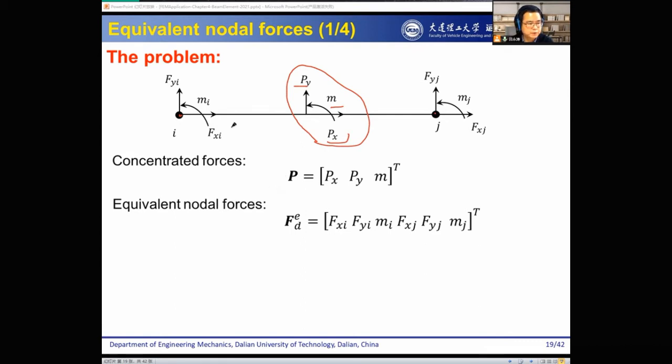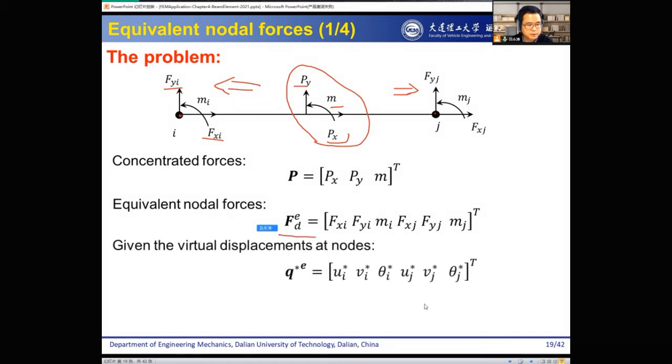We assume the equivalent node forces are these: we transfer those to the equivalent node forces at the two nodes, Fxi, Fxj, Fyi, Fyj, Mi, Mj. And then we use the virtual energy method to work out the relationship.